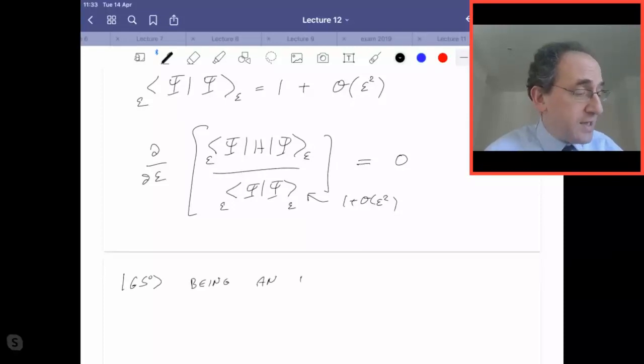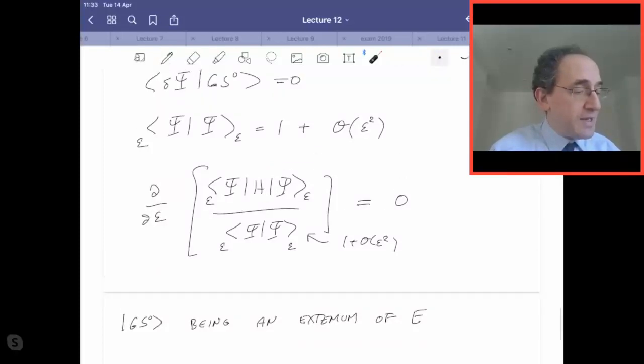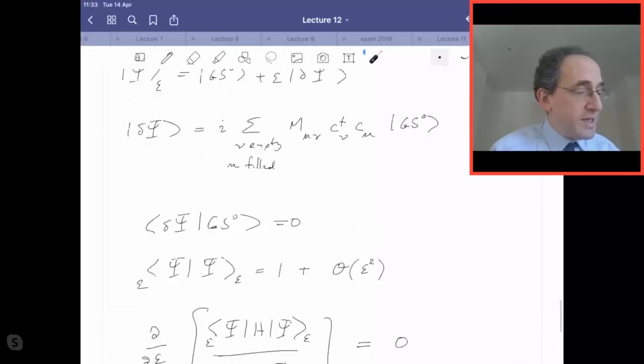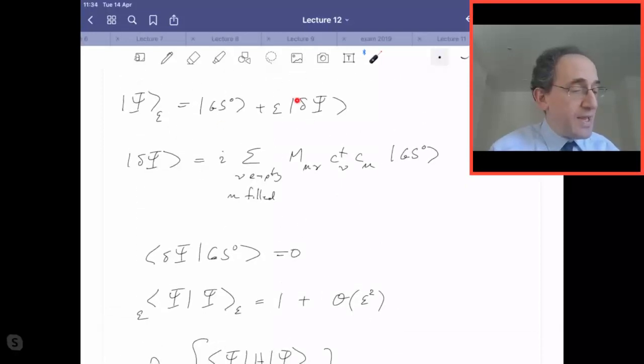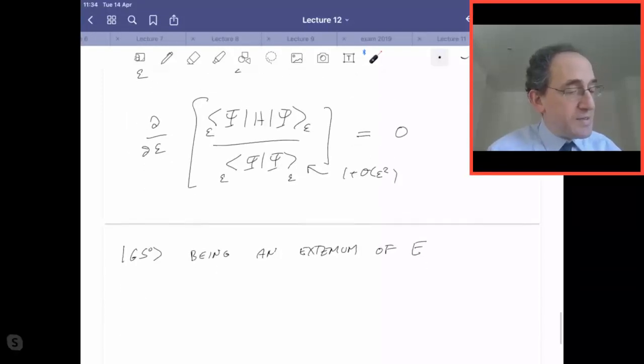Okay, so the ground state being a minimum, extremum actually, of the energy is equivalent to the derivative of the numerator here being set equal to 0. And keep in mind what the form of the numerator is, ground state plus epsilon. Maybe I'll just rewrite that again because we'll need it.